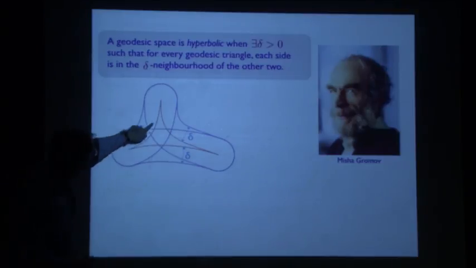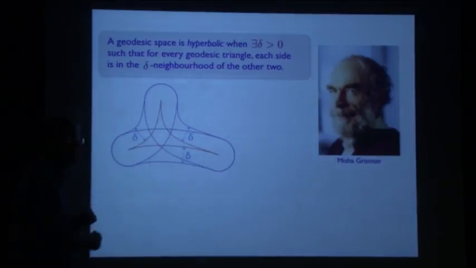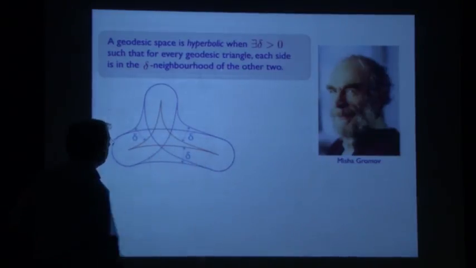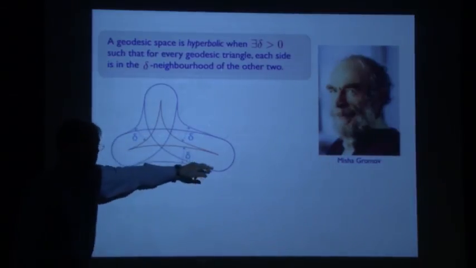So here's a geodesic triangle. We've got 3 points, and we join them up by geodesics. And for example, this side is in the union of the delta neighborhoods of this side and this side.